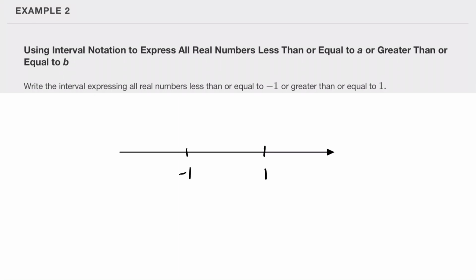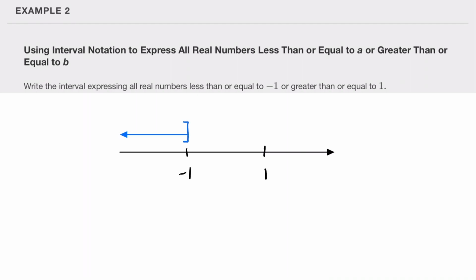So if we want the numbers less than or equal to -1, so we want all numbers going in this direction. Less than or equal to -1, so that means we use a square bracket.